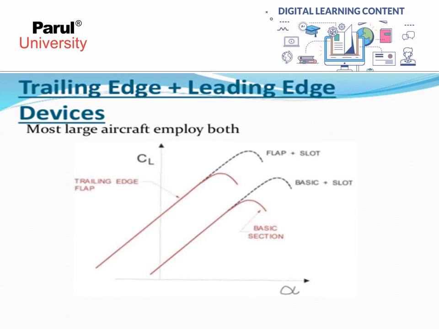Means only trailing edge flaps without slot has the same CL value as the basic section with slot. If we add slots again to the trailing edge flaps, the CL value will increase again, as well as the stalling angle of attack will be decreasing, and the zero lift angle of attack will also be increased.